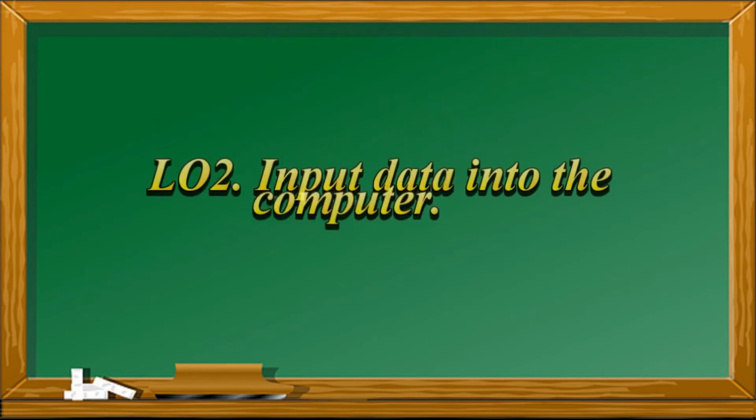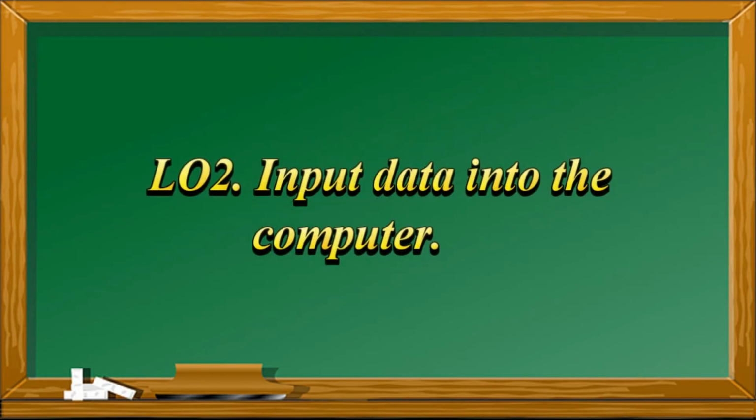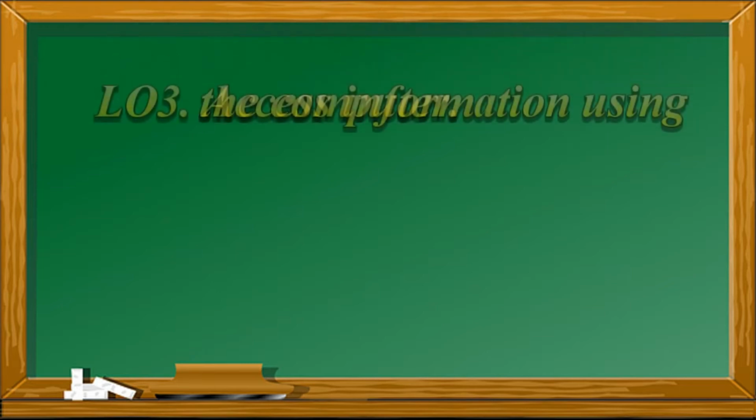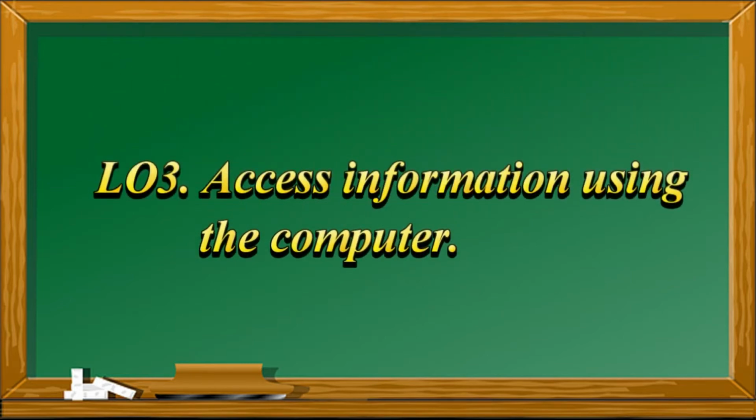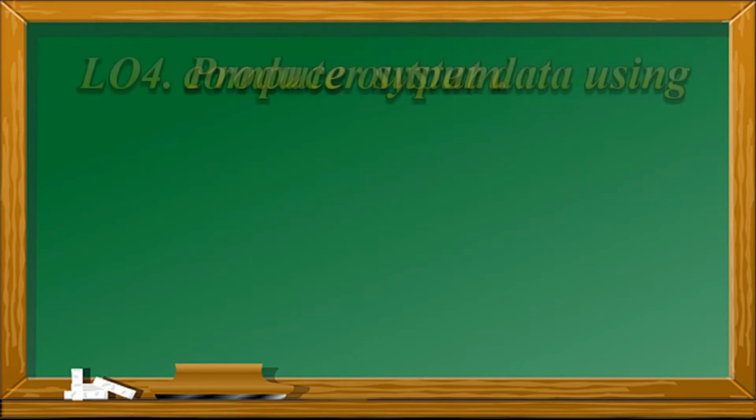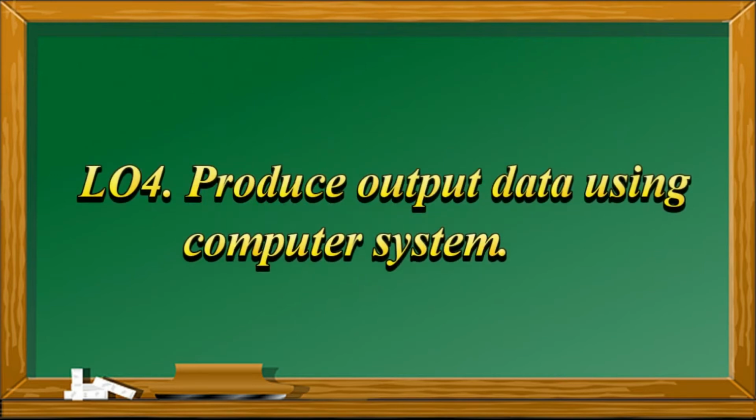Learning outcome number 2, input data into computer. Learning outcome number 3, access information using the computer. And lastly, produce output data using computer system.